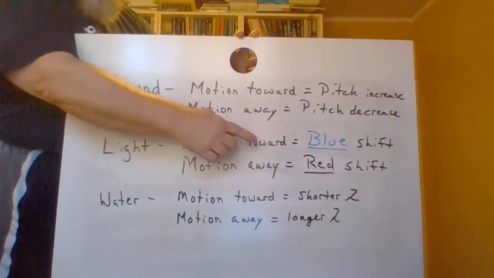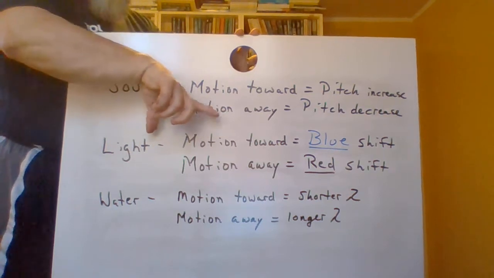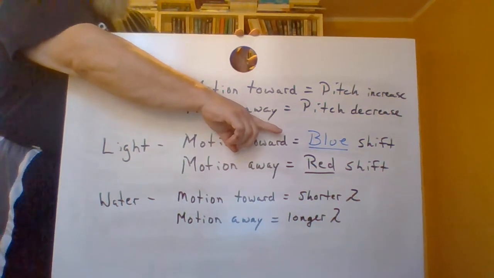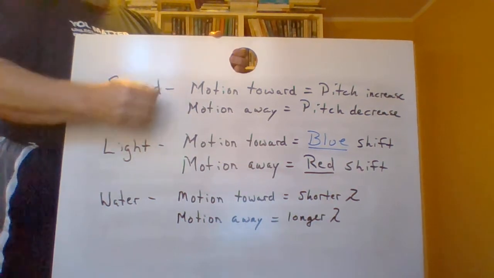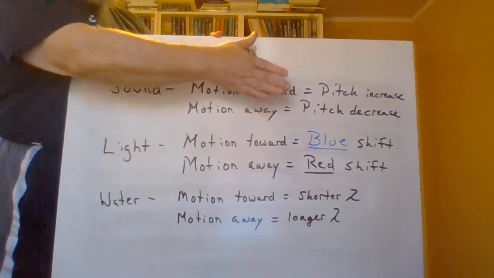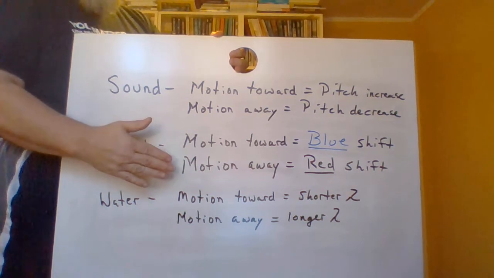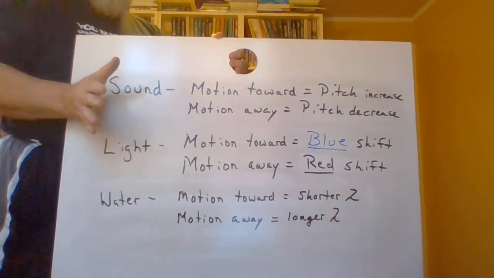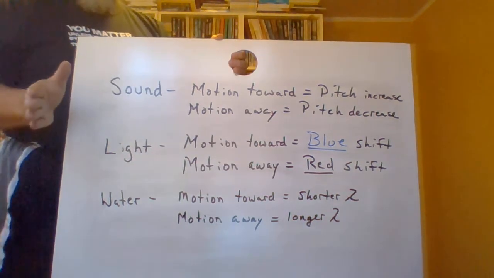So if the motion is toward us, if the distance between the light source and the observer is decreasing, then you'll see a blue tinge to all of the light. Red becomes yellow, yellow becomes green, green becomes blue, blue becomes violet, violet becomes ultraviolet. All right, that's what's going on with light. Okay, for motion away, we have the red shift. In other words, all the light, instead of being its normal color, would be shifted down toward the red end of the spectrum.